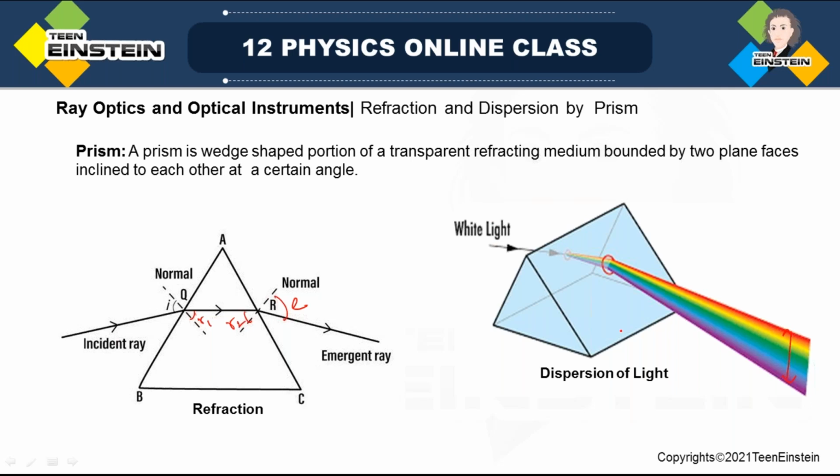This is called dispersion of light, and we'll discuss it in detail again. So a prism is mainly familiar for two phenomena: one is refraction, another one is dispersion.